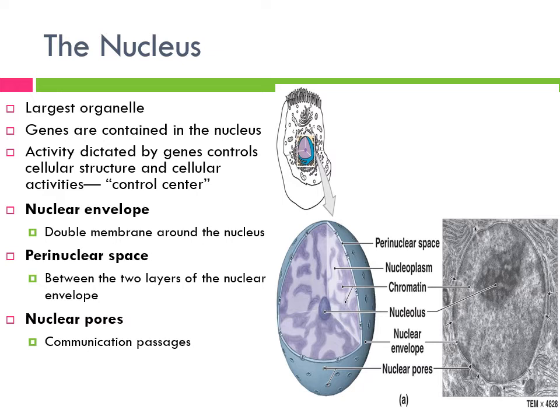The space in between the two layers of the nuclear envelope is called the perinuclear space. Then there are little pores through that membrane called nuclear pores, which allow for communication. That becomes important when we start to talk about protein synthesis.